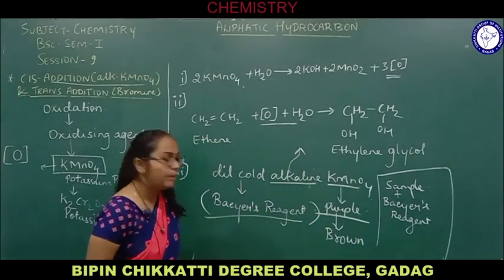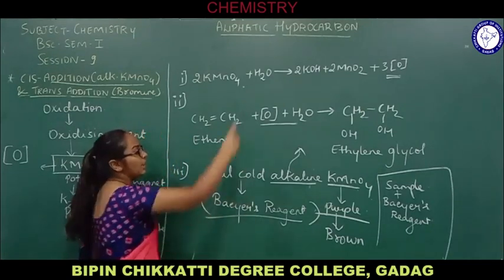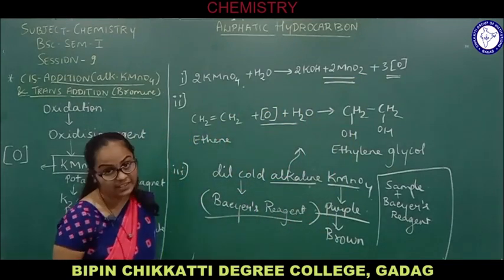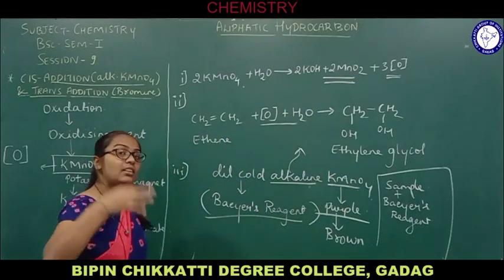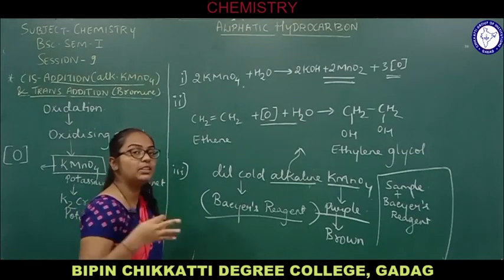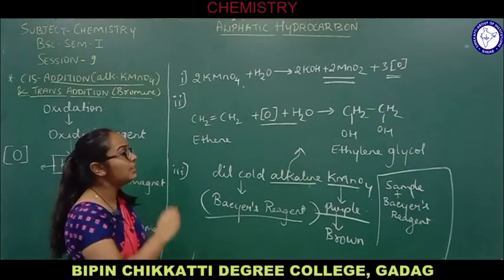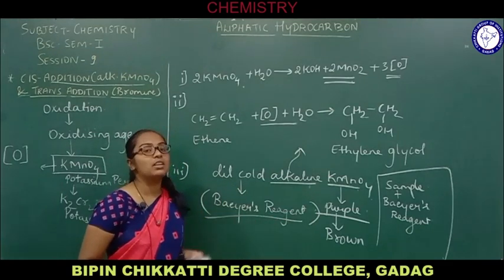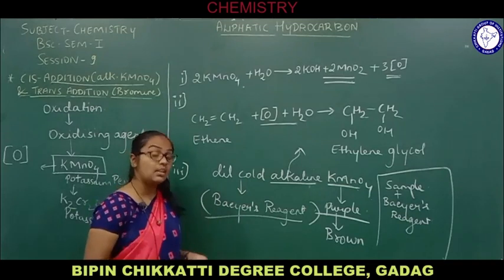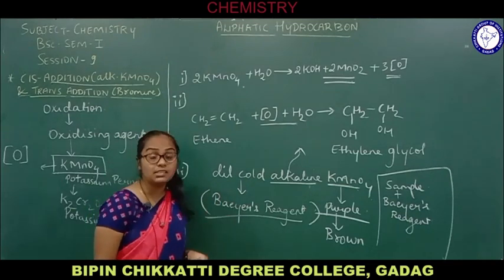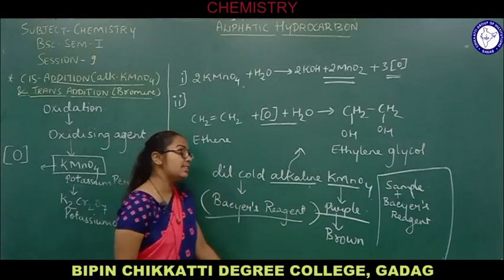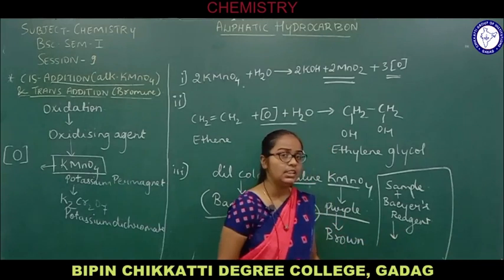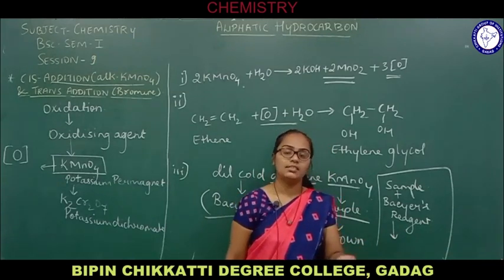Why is it so? Because it will form the important component called manganese dioxide. So when an alkene containing sample is treated with potassium permanganate, the purple color of the KMnO4 is going to vanish and a brown coloration will be obtained because of the formation of manganese dioxide, which is a confirmatory test which says that the sample contains unsaturated carbon atoms.